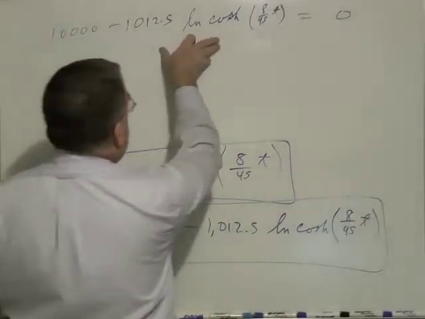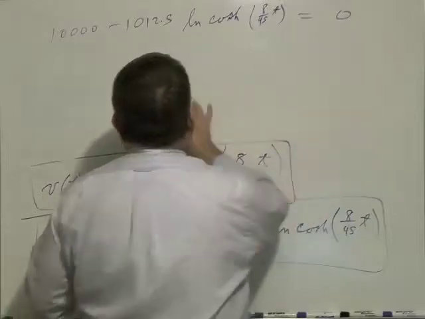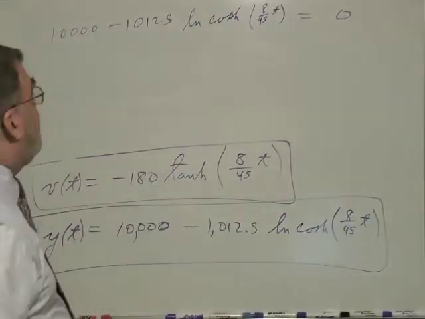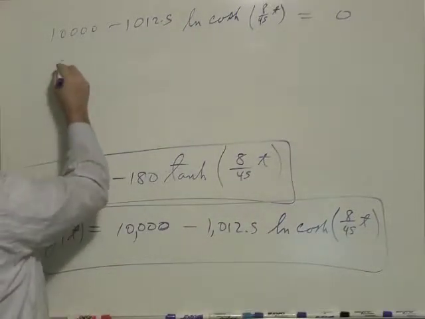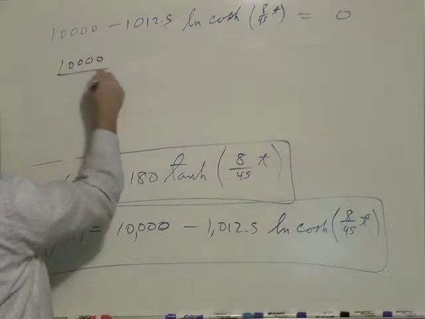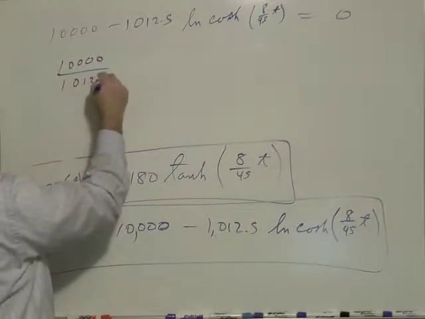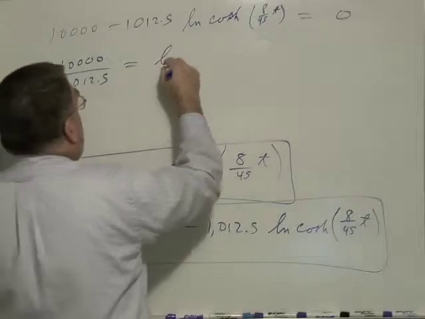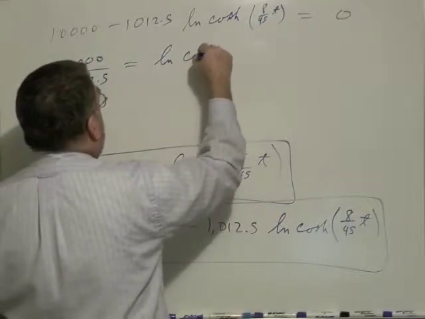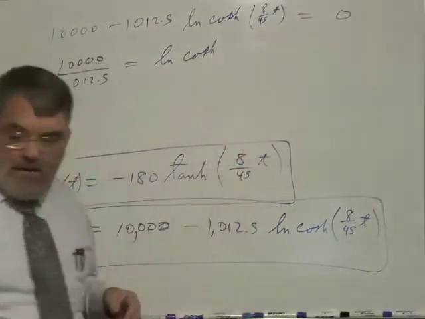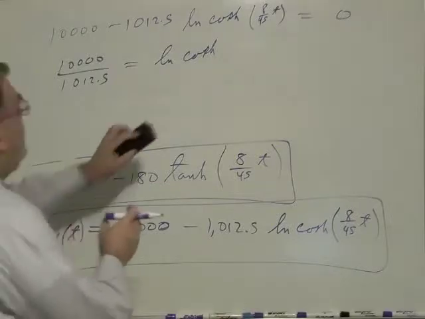So I'm going to take this expression, put it over here, and then divide by 1012.5. So I have 10,000 divided by 1012.5 equals natural log cosh, and I can't seem to write cosh very well here.